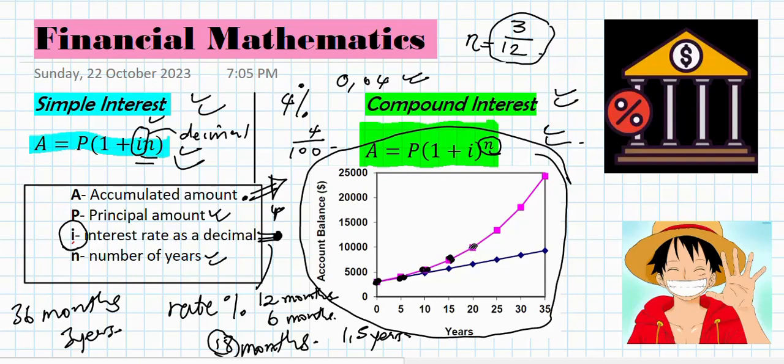It starts being above the simple interest graph, which means that over a short-term period, the compound interest and the simple interest grow at almost the same rate. But through a longer period of time, the compound interest increases massively compared to the simple interest, right? So that's what it is there.